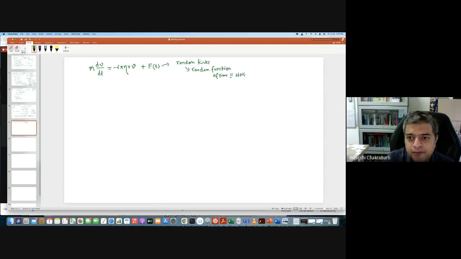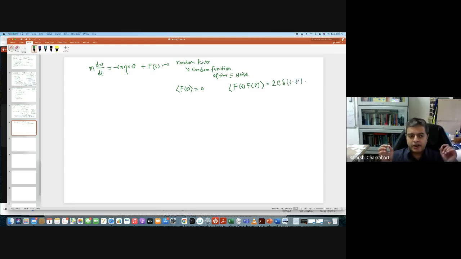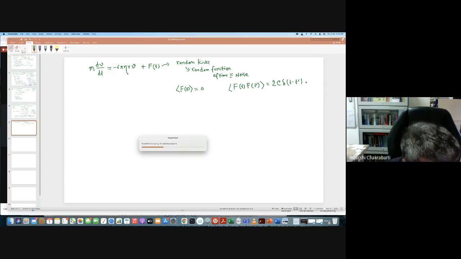It has a property that if I take the average of this noise, it has to be 0. And we assume that if I take the average of f(t) and f(t'), it is something like 2 times some constant c delta(t minus t'). So only when t and t' are very close to each other, they are correlated. Otherwise, these random kicks at 2 different times are uncorrelated. Is this clear?